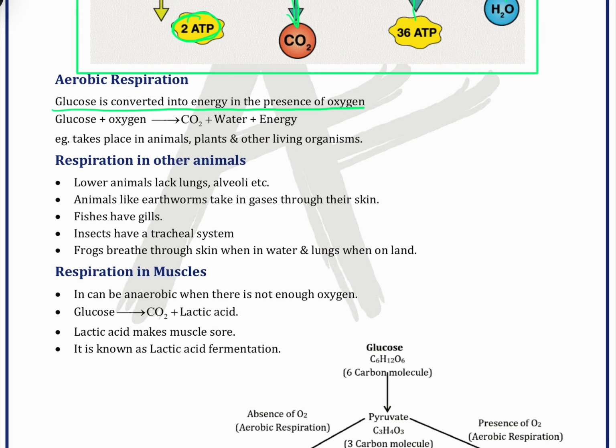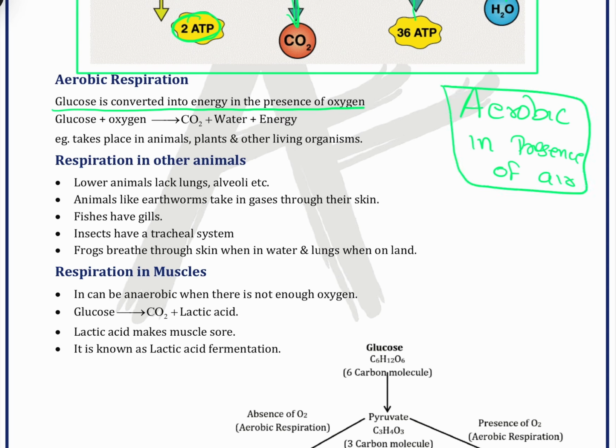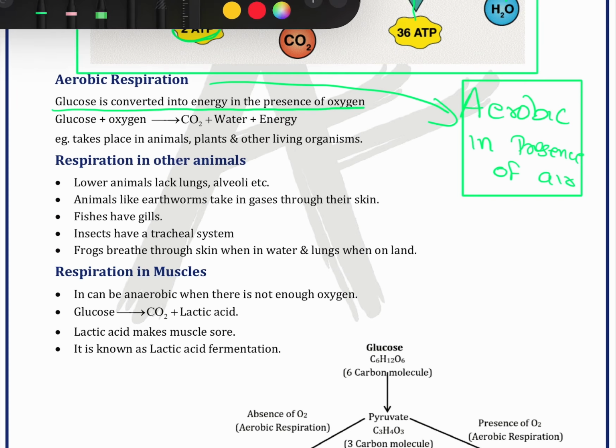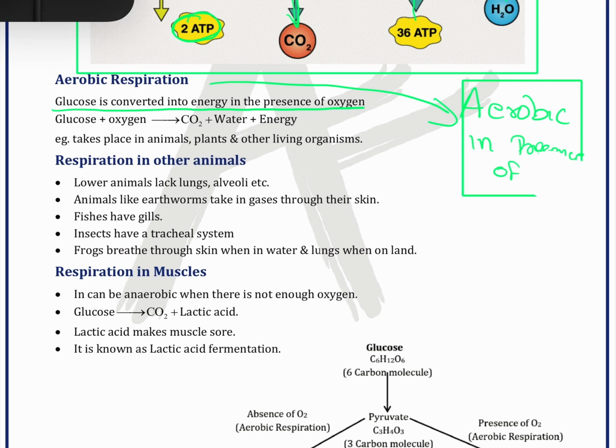From the term aerobic we can understand it is in the presence of air. So the glucose is converted into energy in the presence of oxygen. Here we can write, air will not be the correct word, we can use oxygen.